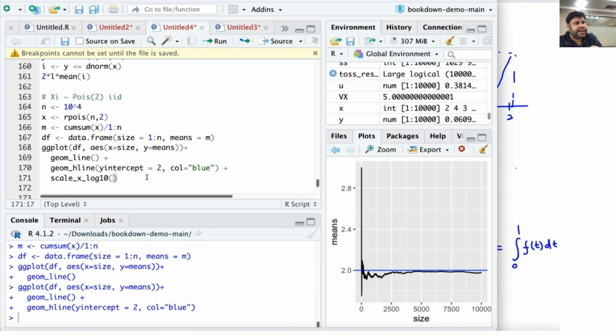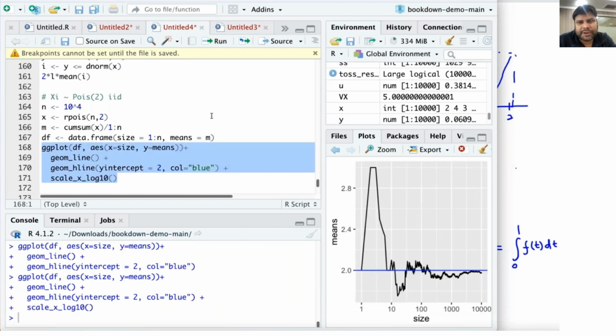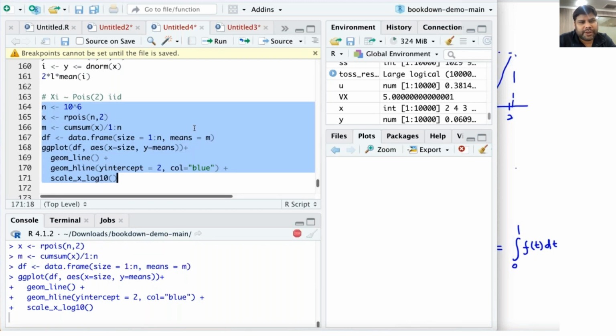What that means is that 0 to 10 will have the same length as 10 to 100, as 100 to 1000, as 1000 to 10,000, so that small sample sizes will be visible more clearly. Because when the sample size is large, it's giving us a similar kind of picture. Can you see this? This is on a log scale. Now if you want, you can put 10 to the power 6 over here, and that's going to give you a very good picture, hopefully.